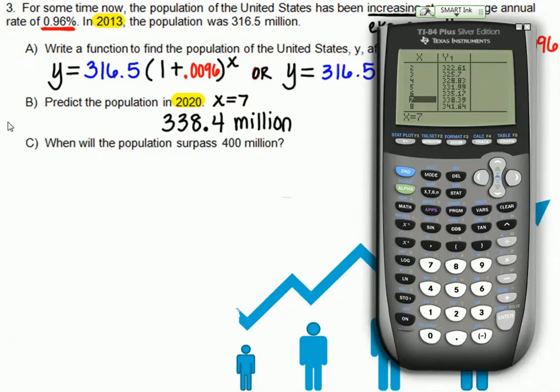Part C, when will the population surpass 400 million? Surpass means that it's going to be bigger than 400 million. To answer this question, I need to scroll down so that the y column is larger than 400. We can see that the first time that happens is in 25 years.